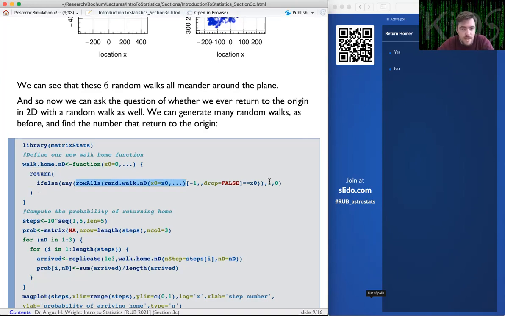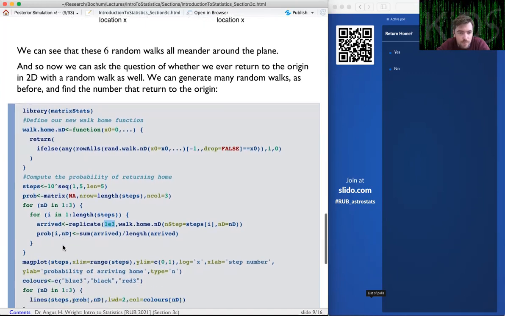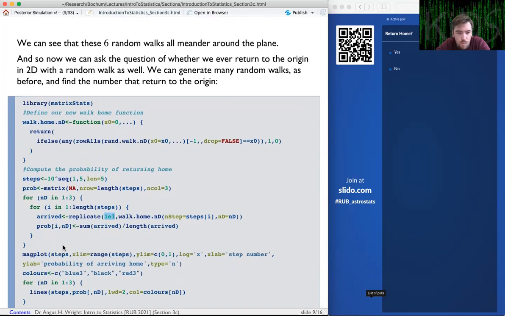In that case, we have walked home. Now we do 10 to the 1 to 10 to the 5 steps, and we generate 1,000 random walks of each set of steps in each ND. We calculate our probability and we make our plot. So what is the probability of arriving home in 2 dimensions?